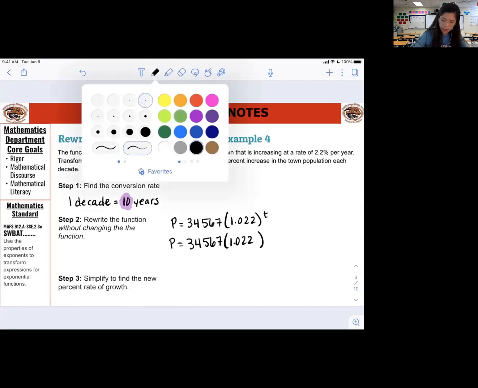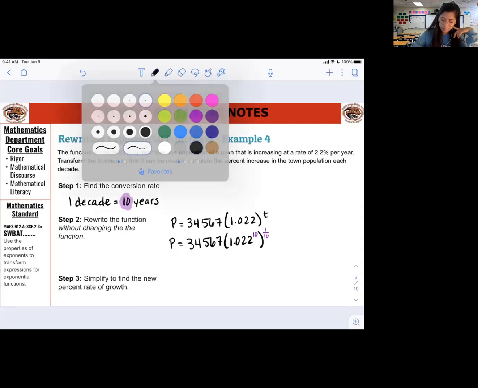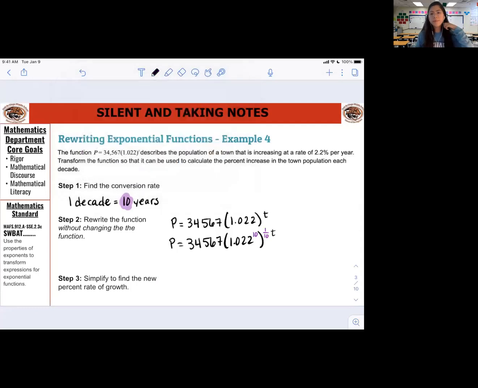And when I plug in a 10 on the inside, what number will balance it out on the outside? 1/10. Good. 1/10. And then to the power of t.